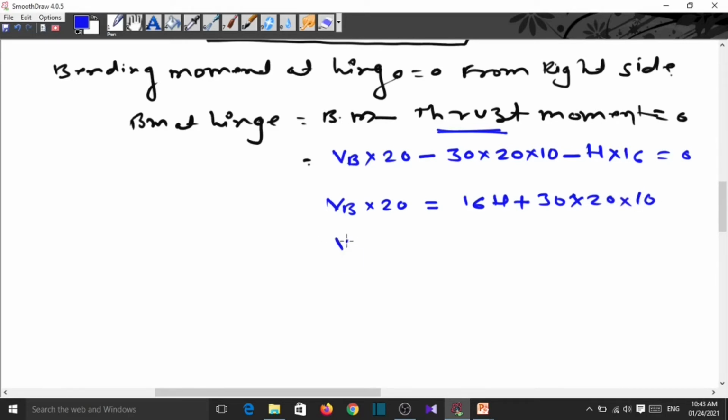is equal to 16H plus 30 into 20 into 10. So VB into 20 is equal to 16H plus 6000.